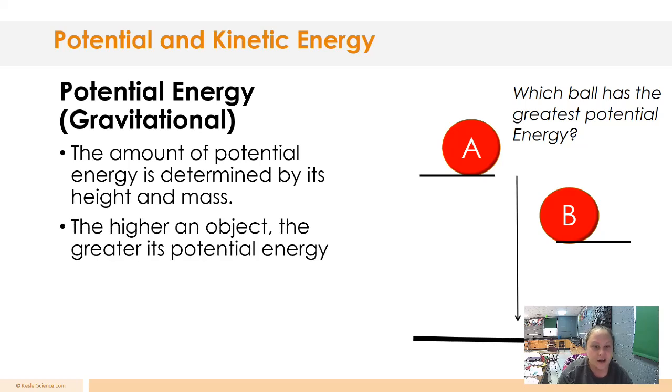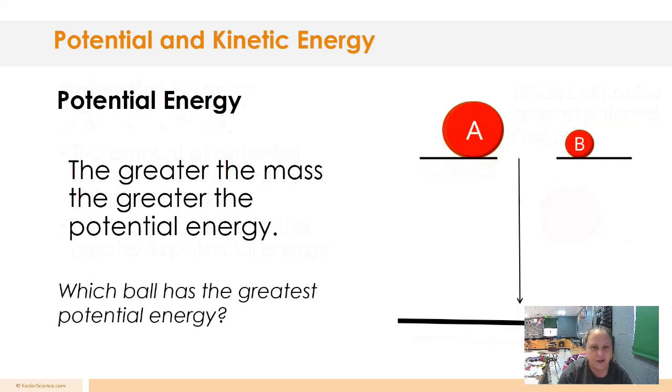The higher an object, the greater its potential energy. So which ball here has the greater potential energy, ball A or ball B? Just like we said, the greater the height, the more potential energy, and the greater the mass, the greater the potential energy.